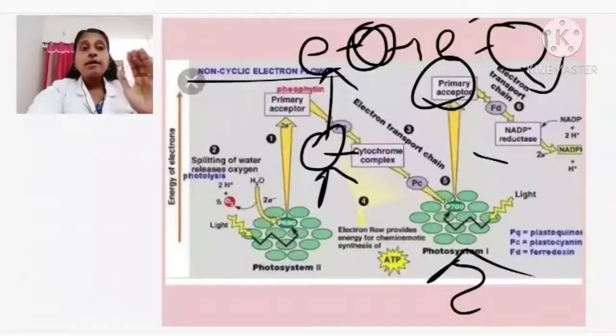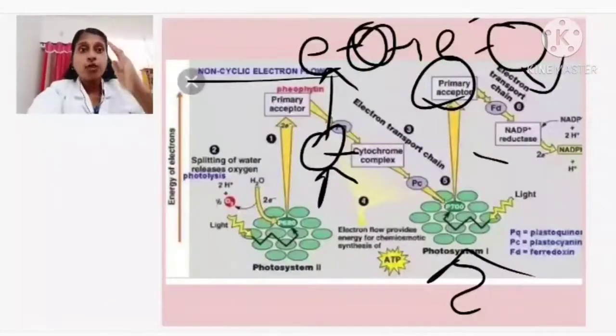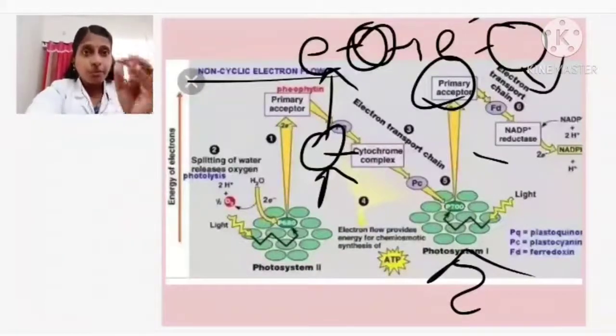Here the electrons are getting transferred from one molecule to another, produced by the sunlight. The sunlight is falling on pigment system 1 and the molecules release the electron.